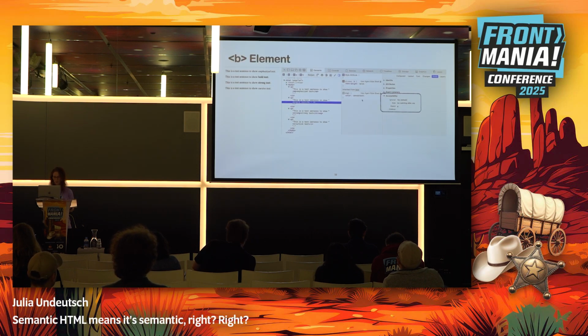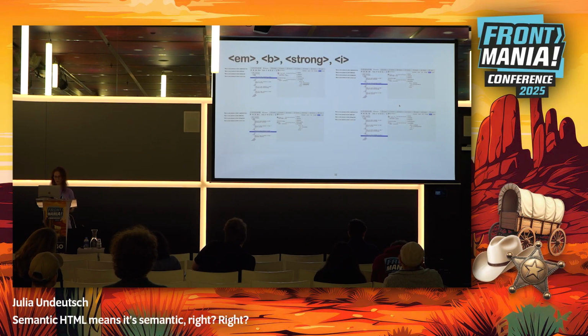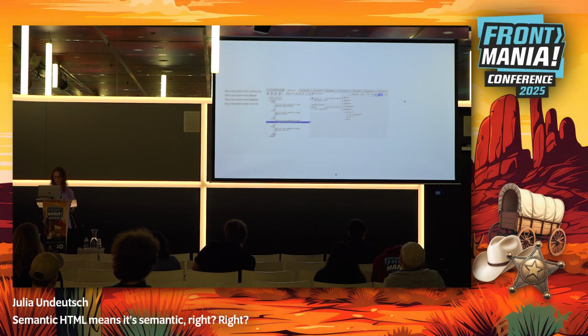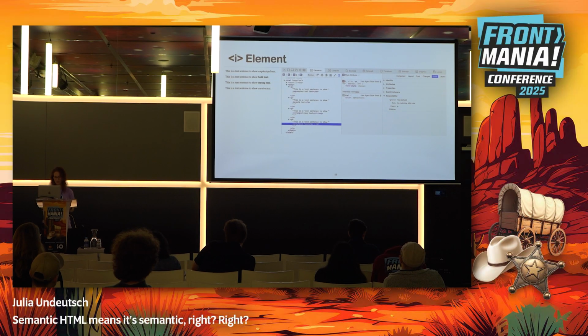The bold text, this sentence, is also ignored by the accessibility pane and does not have a role, while its counterpart strong has now a role of strong, but is also ignored by screen readers. And the i italic tag is ignored and does not have any matching ARIA roles.